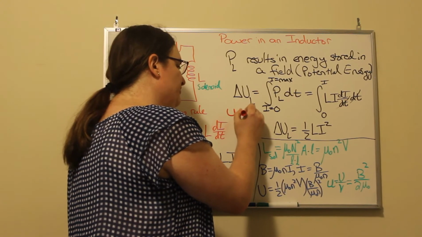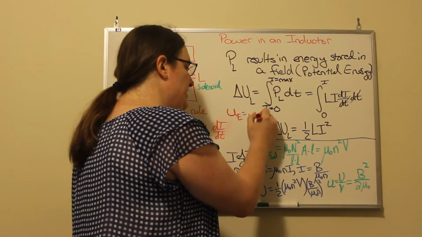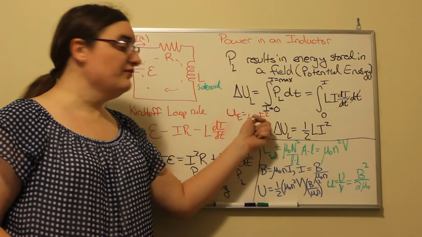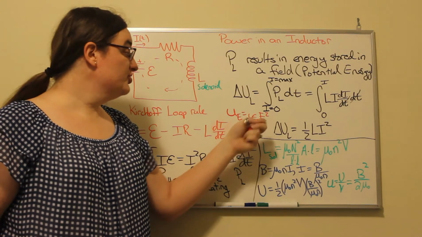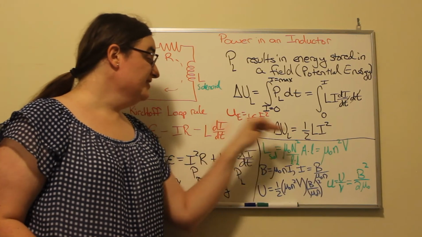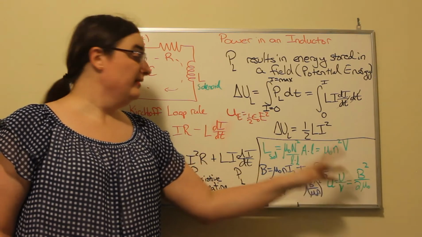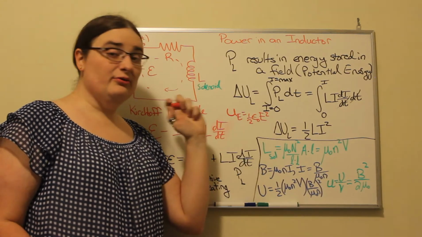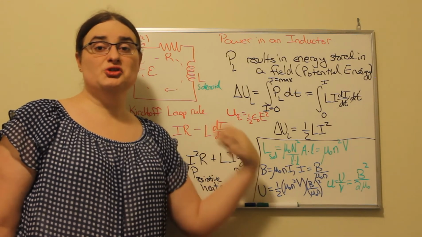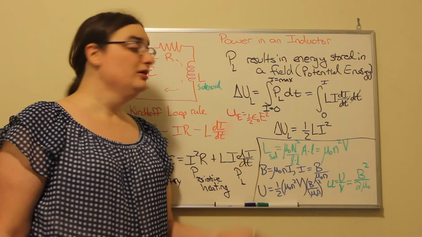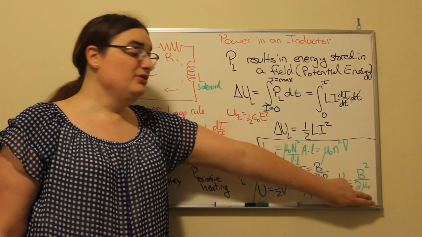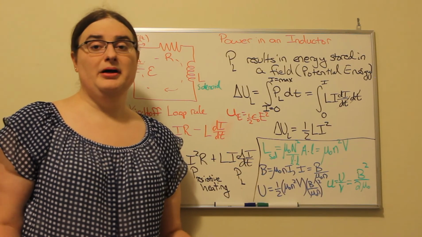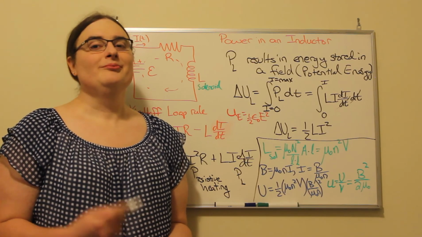The energy density for an electric field was 1/2 times epsilon naught times the strength of our electric field squared. So any field has an energy density associated with it based on that field squared. And as I said, epsilon naught is a measure of how space is able to store energy by creating an electric field. Mu naught is related to how space stores energy in the form of a magnetic field. Thanks for watching.